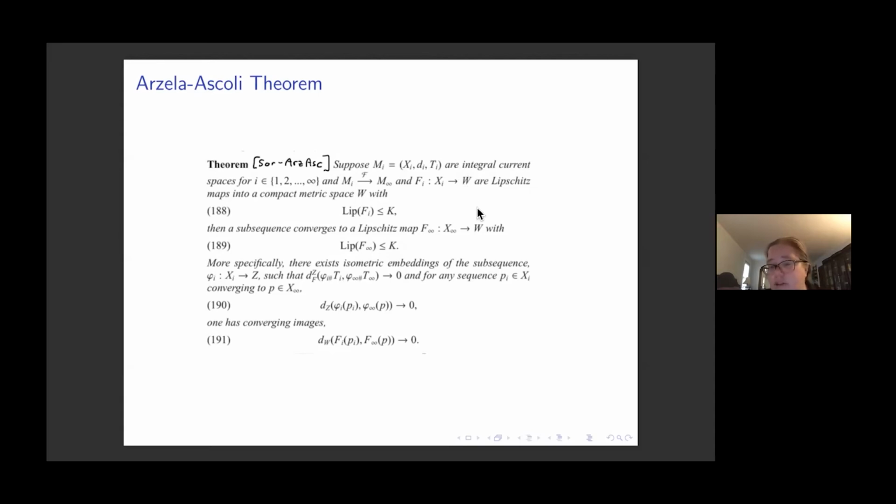The Wi's could converge to a space that has become disconnected, and then there will be no limit F infinity that runs from an interval to the disconnected space. So this is the strongest possible. We can only change the domains, and we cannot change the ranges. The range has to be a fixed, constant, compact metric space for this theorem.